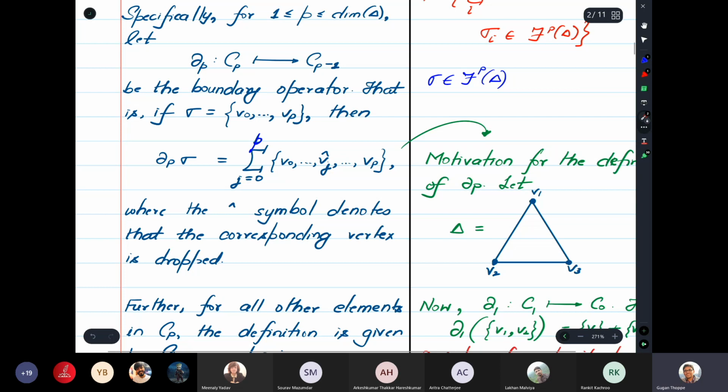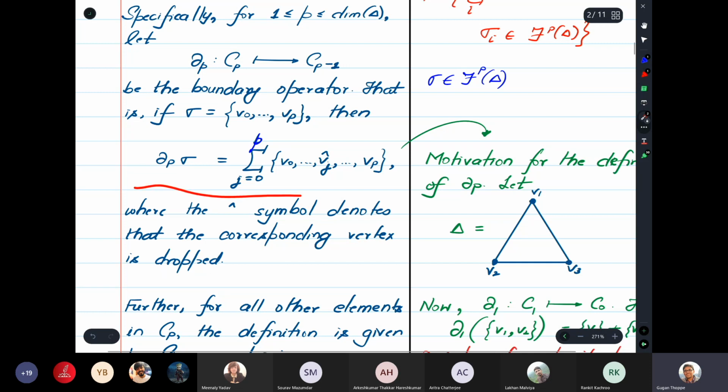Notice that you have V0 all the way up till Vp. However, on top of this Vj, you see there is a hat symbol present. Let's interpret what this hat symbol means. The hat symbol implies that the corresponding vertex has to be dropped.